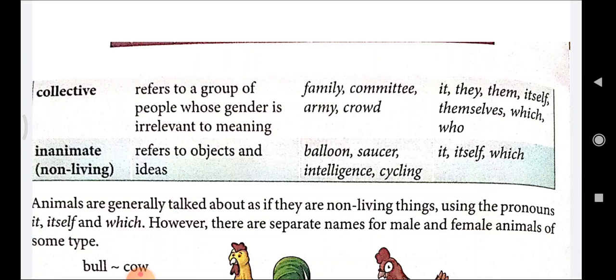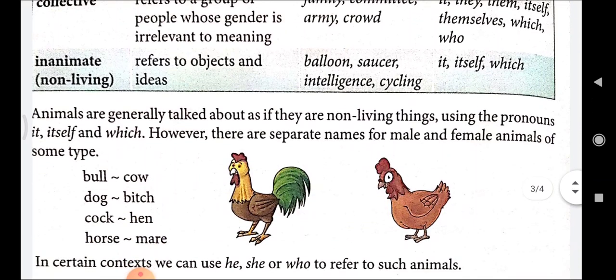And the next comes inanimate, which refers to the object or ideas. When we are mentioning any objects or when we are trying to give any idea, the words which are used are it, itself, and which. Animals are generally talked about as if they are non-living things, using the pronouns it, itself, and which.